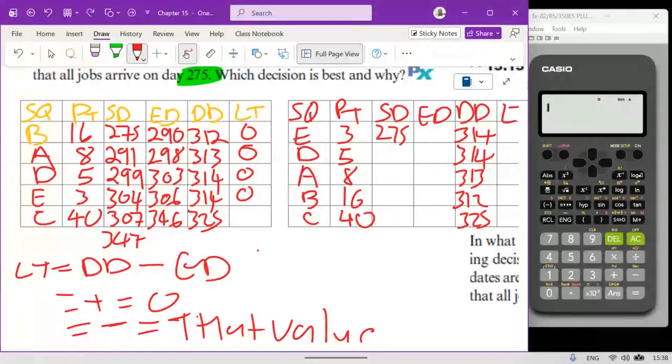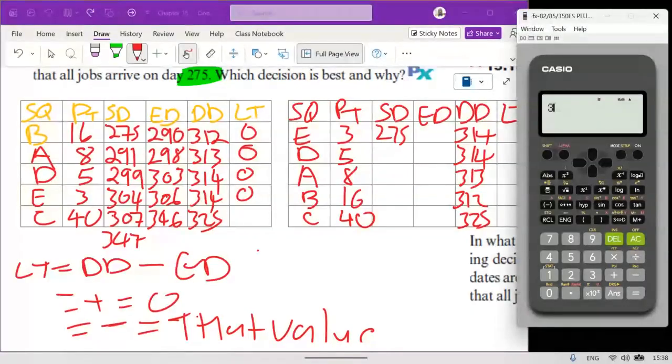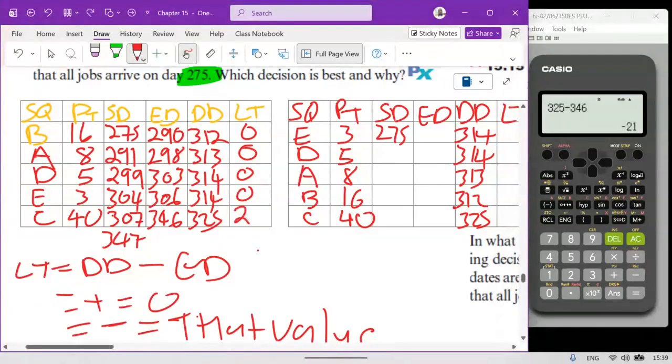Then we have 325 minus 346, actually. Then we have a 21. You see that? We have a 21 at the end. This method of earliest due date is affecting us to be late by 21 days.